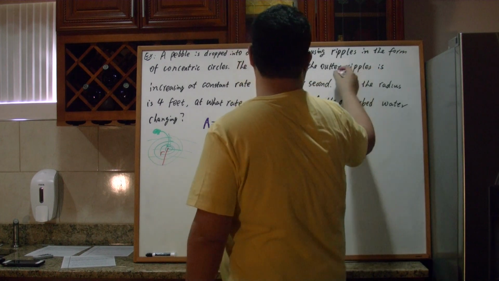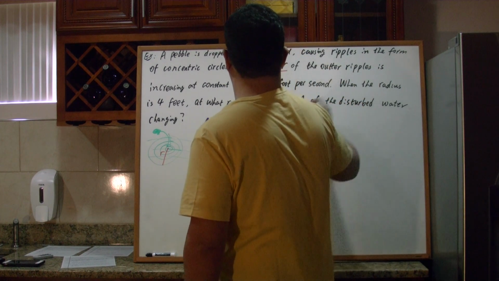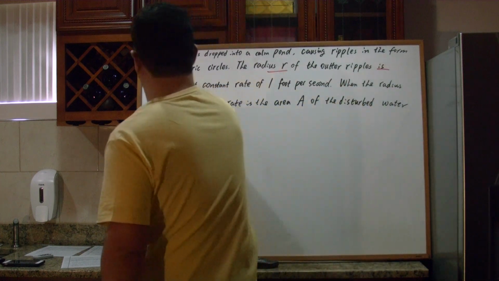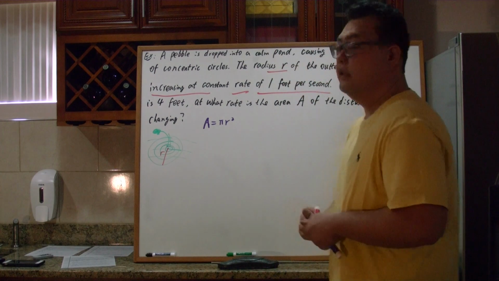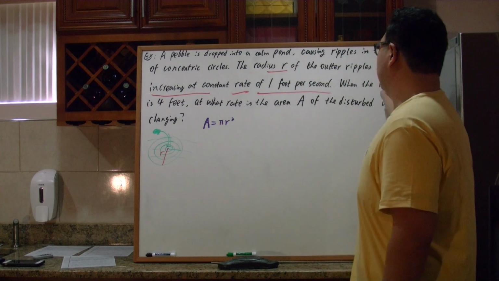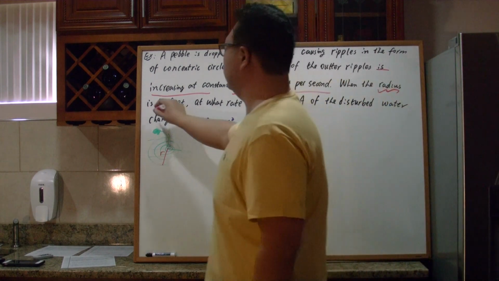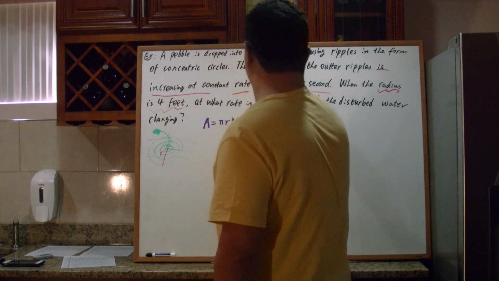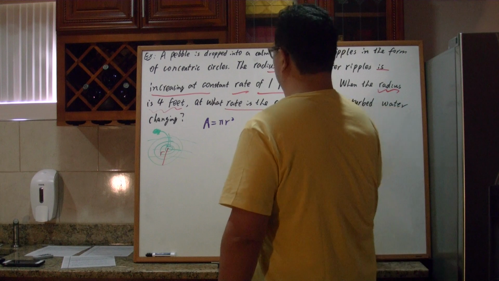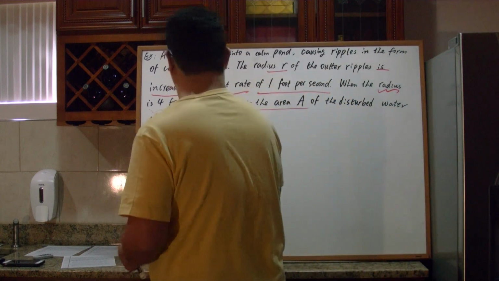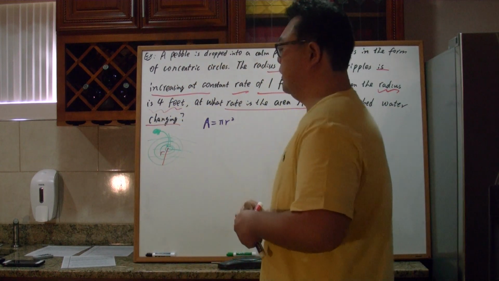The radius is increasing at a rate of 1 foot per second. That's what we're given. And at the time the radius is 4 feet, we're asked for the rate of the area changing.